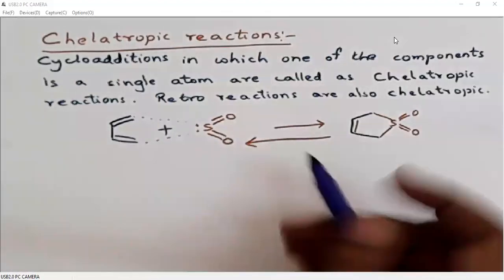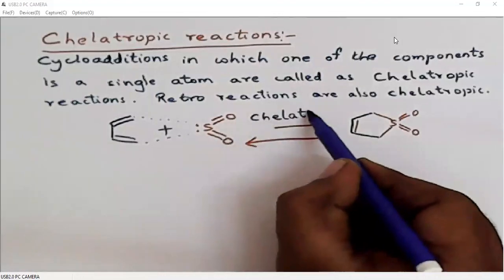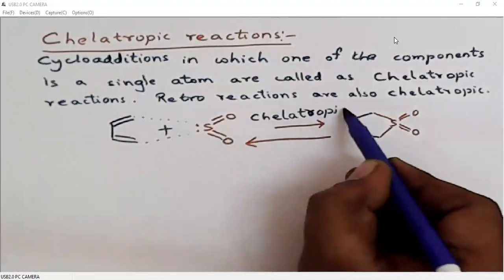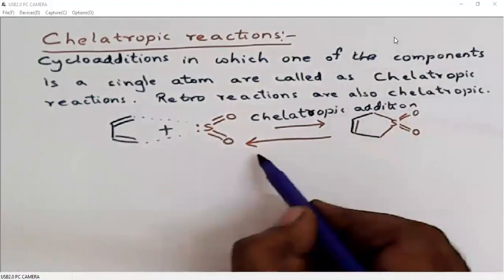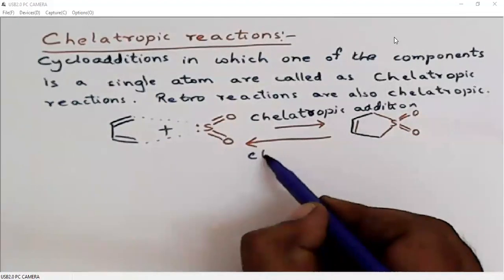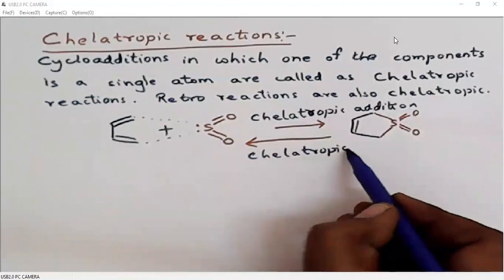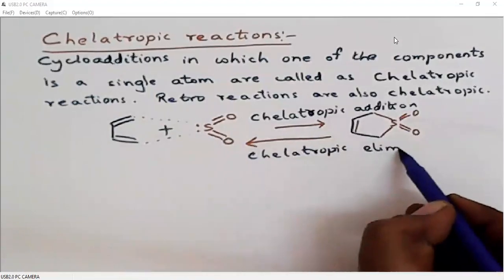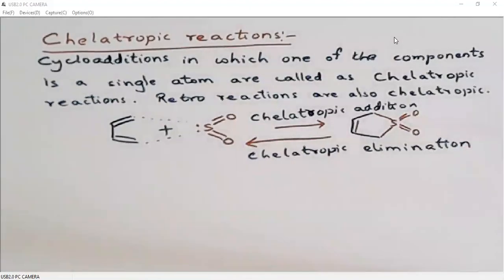This is called cheletropic addition. The reverse reaction we call cheletropic elimination.